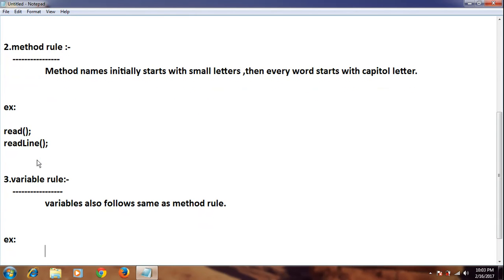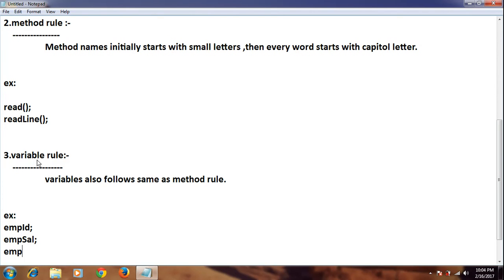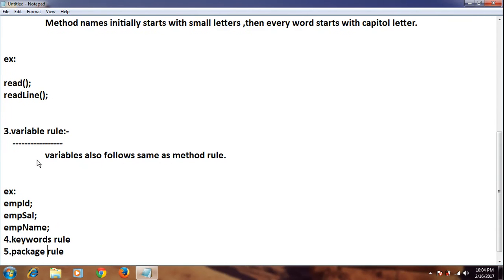For example, I have a variable called empId. Here e is small and I is capital. I have a variable called empSalary. I have a variable called empName. So e is small and N is a capital letter. That is about the variable rule.